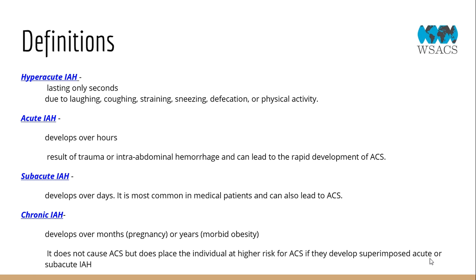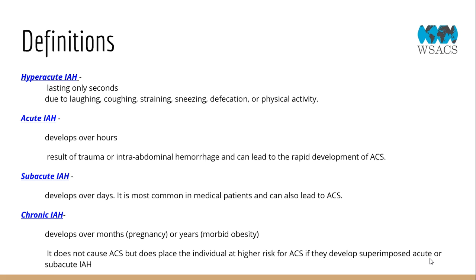Now hyperacute intra-abdominal hypertension lasts for seconds due to laughing, coughing, straining, sneezing, defecation, or physical activity. Acute intra-abdominal hypertension develops over hours, a result of trauma or intra-abdominal hemorrhage, and can lead to the rapid development of ACS. Subacute intra-abdominal hypertension develops over days.